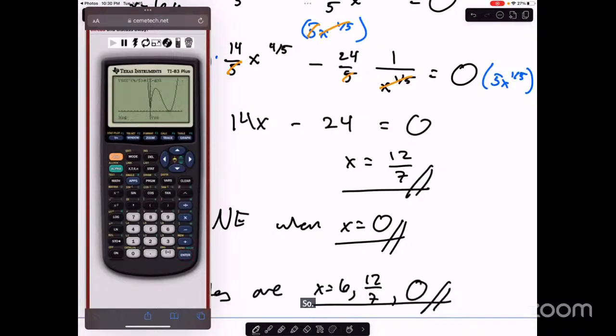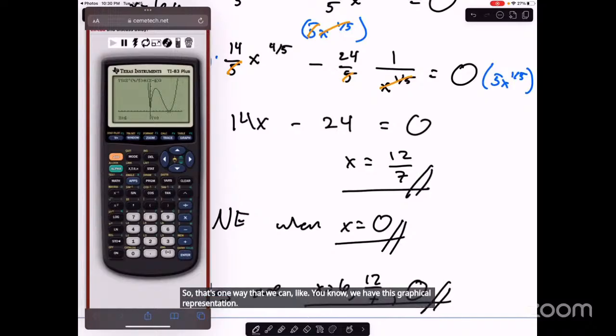So we have this graphical representation to confirm that these critical values indeed identify the extrema of the function, right? The extrema are the maximum and the minimum, the local max and local min of the function. So we can be more confident in these results.